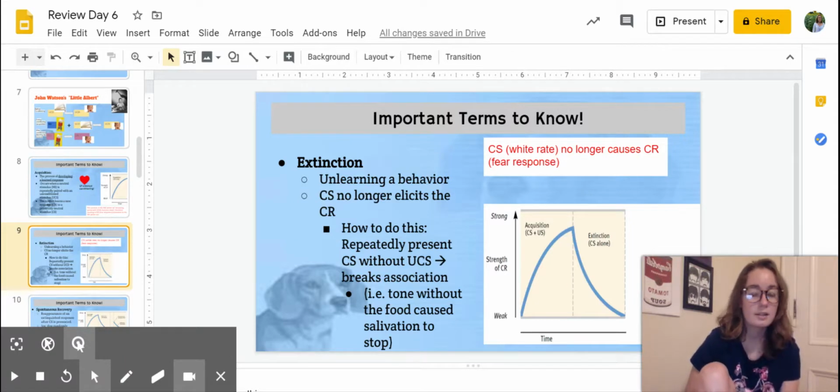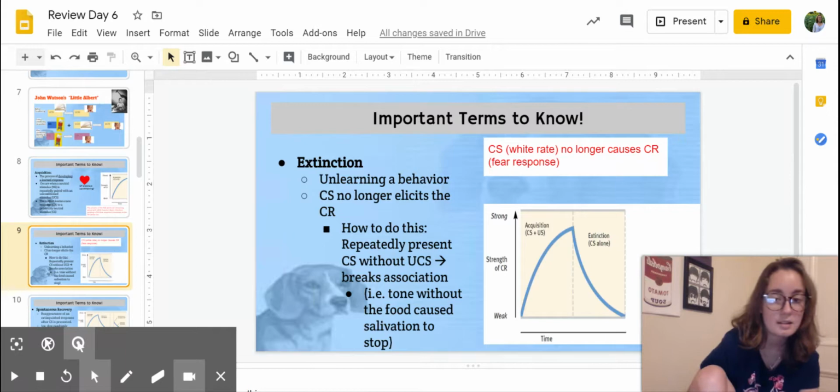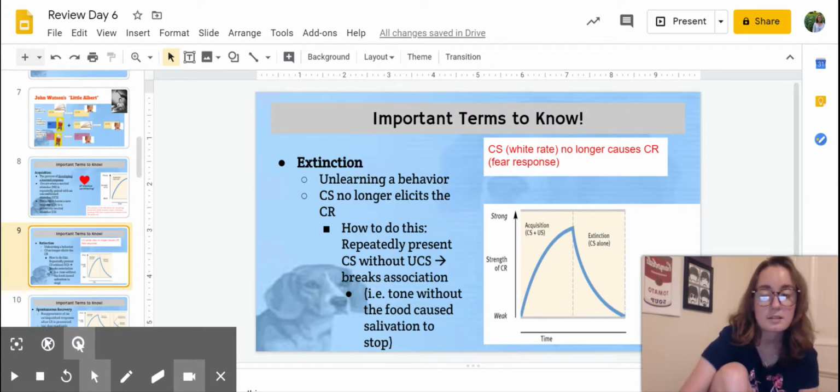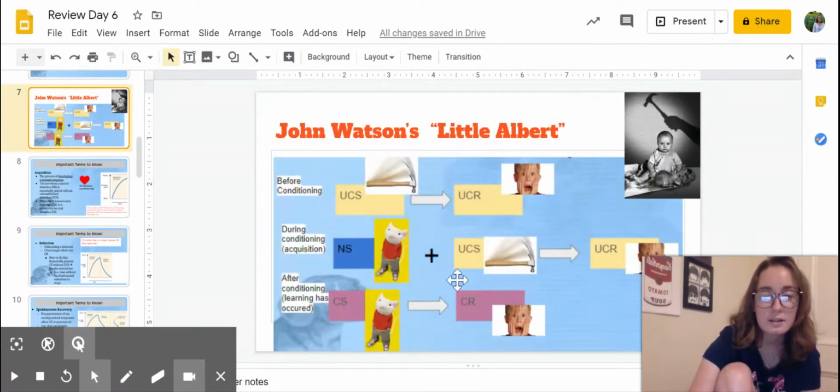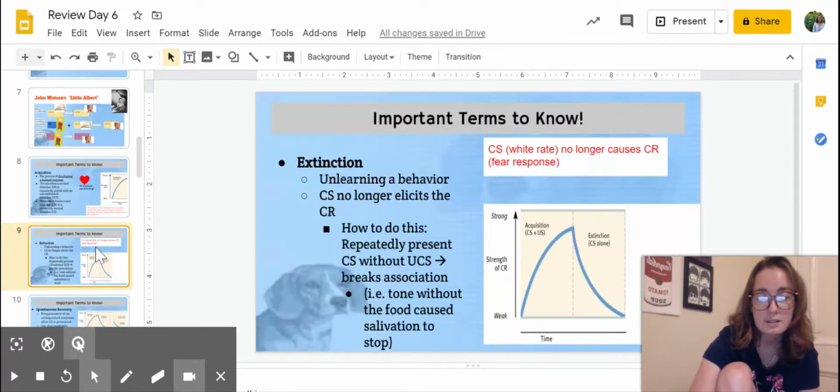We're going to learn that the conditioned stimulus no longer elicits the conditioned response. We learn that Stuart Little isn't going to be paired with the hammer slam, so we're no longer scared of him.